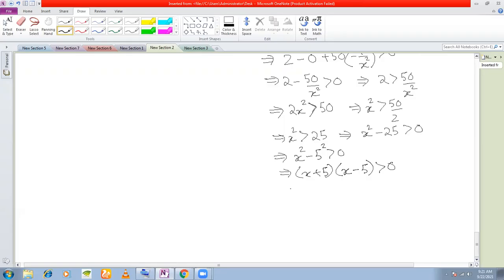So even if you suppose an imaginary situation, x square is positive. So x plus 5 into x minus 5 is greater than 0. That means what is the solution of this inequality? x less than minus 5 or x greater than 5. But x cannot be negative. That means x has to be greater than 5 units.